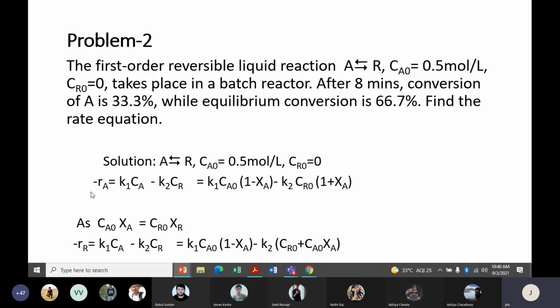Write it. Ra for a reversible reaction is this. Substitute CA0 (1 minus XA) and CR0 plus CA0 XA, and finally you will get this.